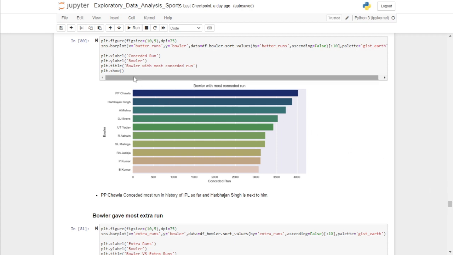And here's the plot for the bowlers who conceded the most runs, meaning the bowlers who gave the most runs in IPL. Here tops PP Chawla, and then Harbhajan Singh, then Amit Mishra.